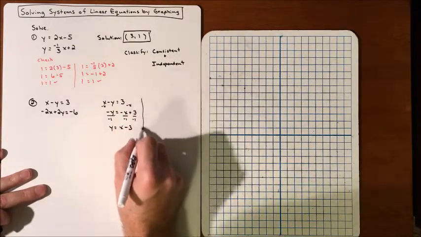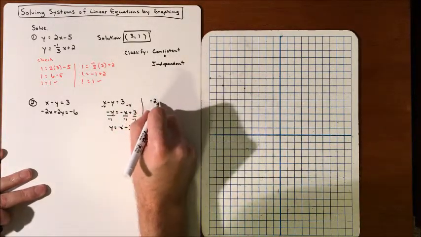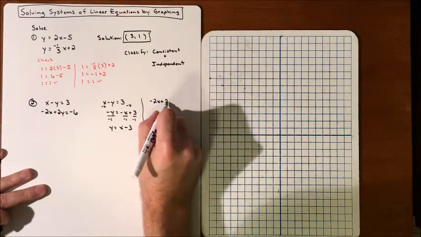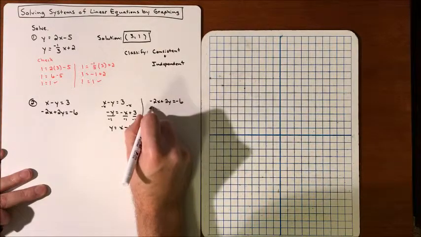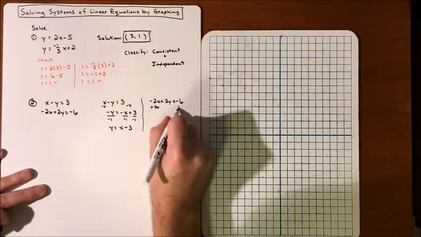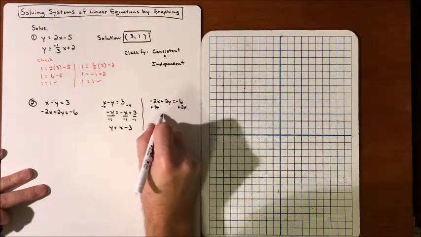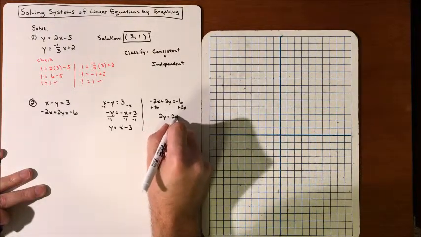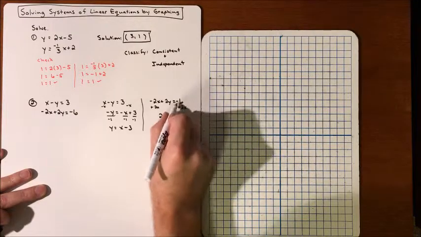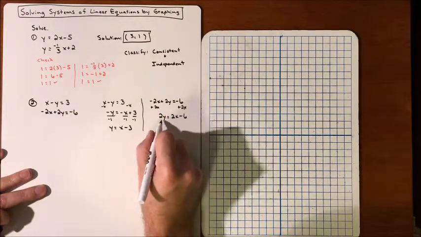Our second equation takes a little more work to get ready to graph. First thing is we'll move the x over, so we'll have to add 2x to both sides. So we'll have a 2y equals positive 2x minus 6. They're not like terms.